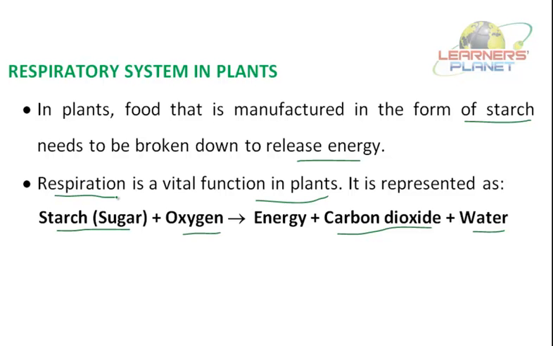However, plants also sometimes respire as humans do, as we saw in this chemical reaction, taking in oxygen and giving out carbon dioxide. But plant respiration is limited by the process of diffusion.